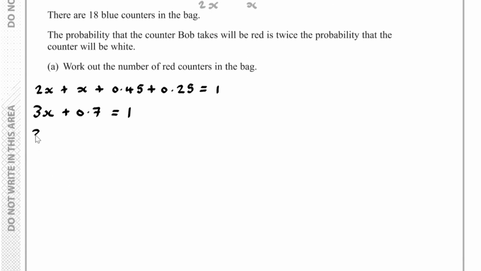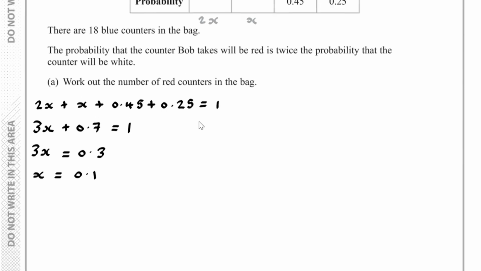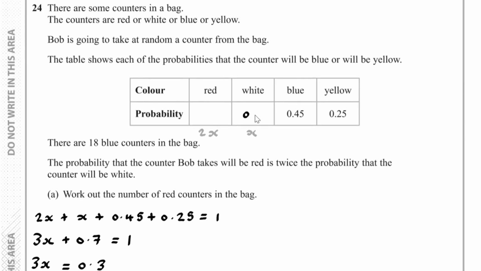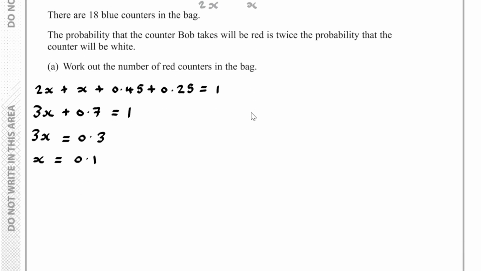So 3x is 0.3, which means x is 0.1. So therefore, we've got 0.1 over here and 0.2, which is twice 0.1 for the probability of red. So the probability of obtaining a red is 0.2.